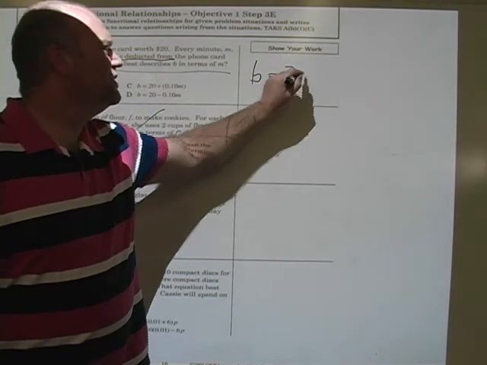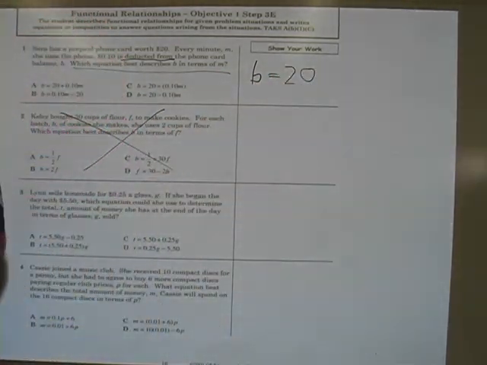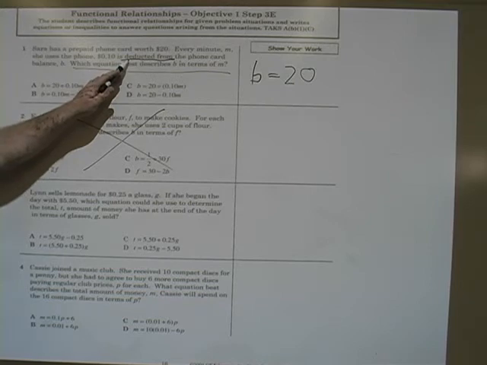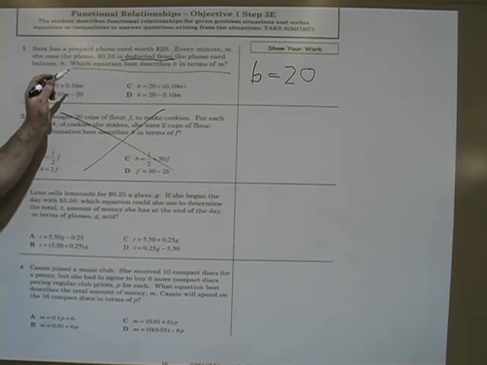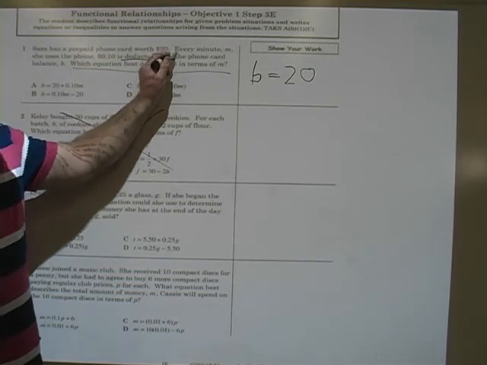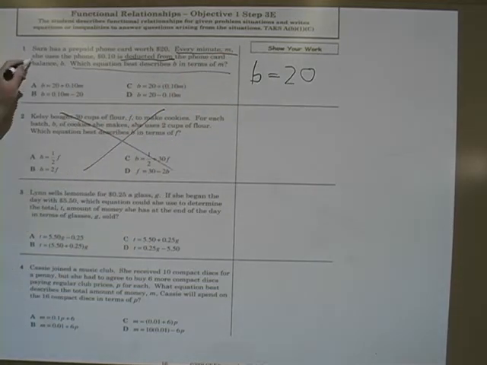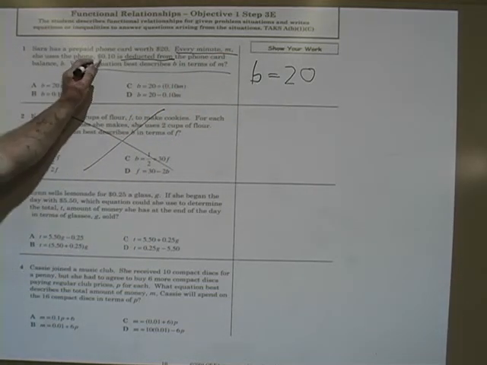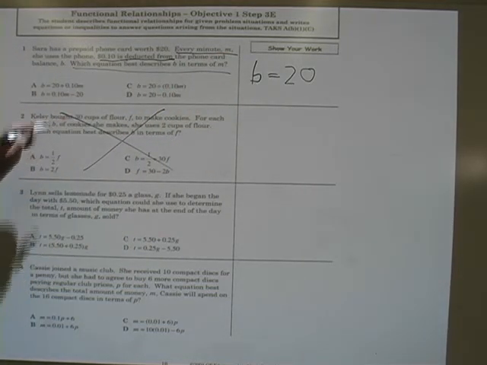Now let's just start from the beginning. When she got this card, what's the balance on it? $20. So if nothing else happens, she's going to have 20. But then she's going to use the phone. Every minute she uses on the phone card, 10 cents is deducted from the balance B. How would you write that?